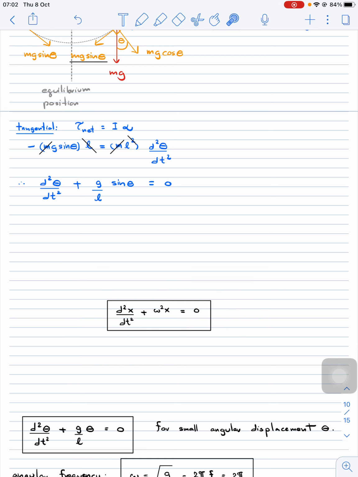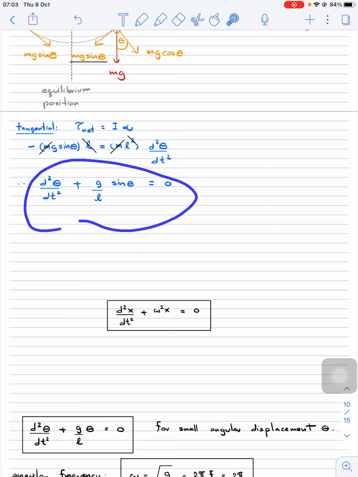So this is the fundamental equation of simple harmonic motion. If the equation of motion of any particle or object looks like this, it means that the particle will move as simple harmonic motion.